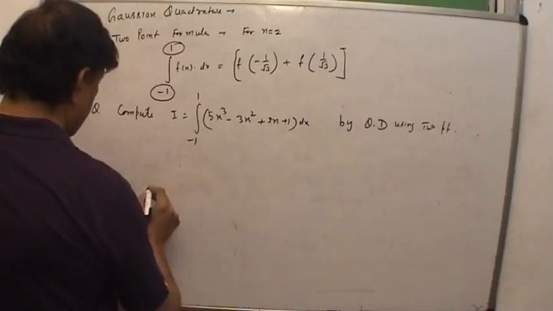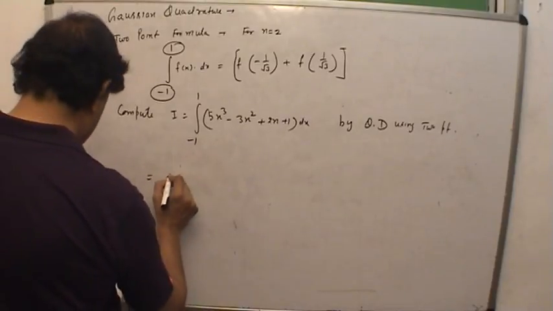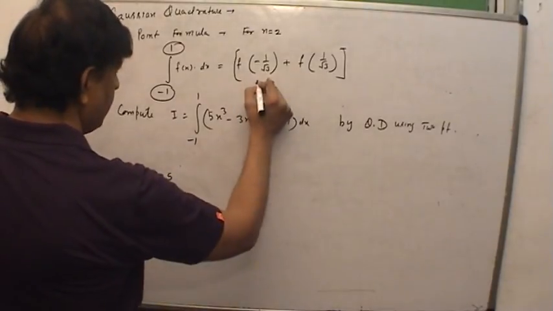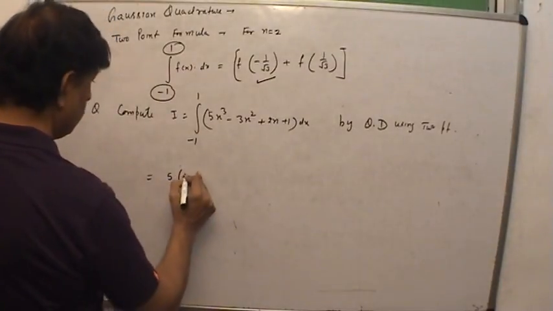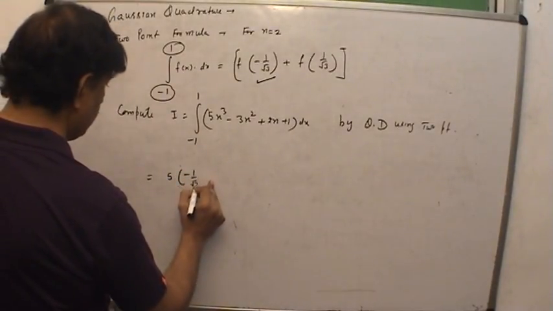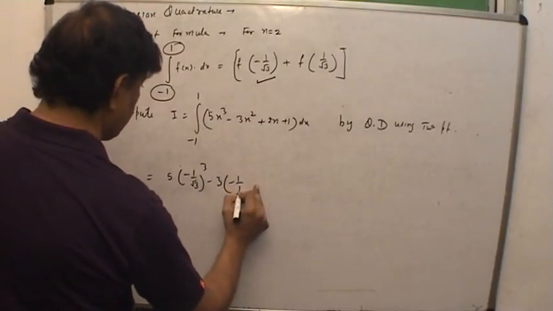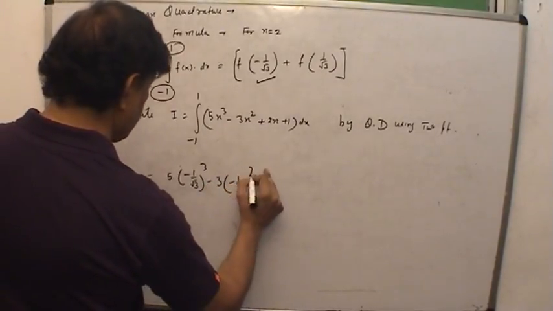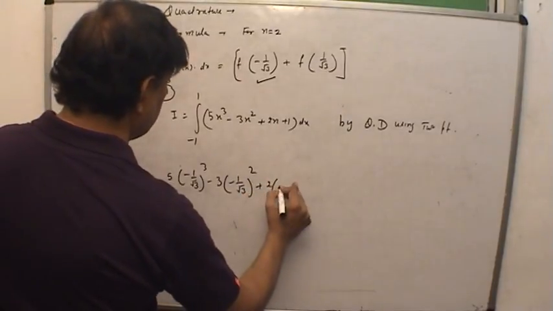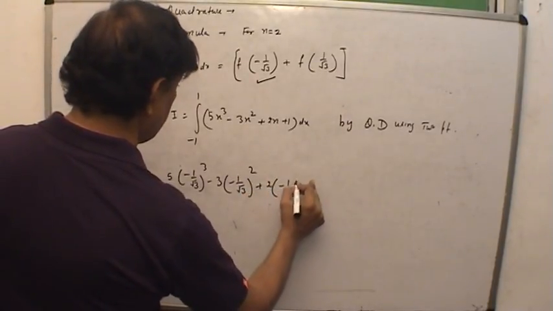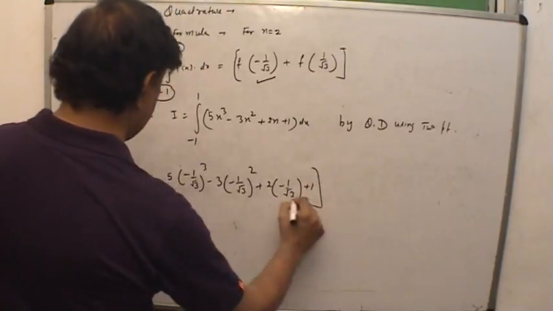Here we write the solution, that is 5 into, first of all we write first value, 5 into -1 by root 3 cube minus 3 into -1 by root 3 square plus 2 into -1 by root 3 plus 1.